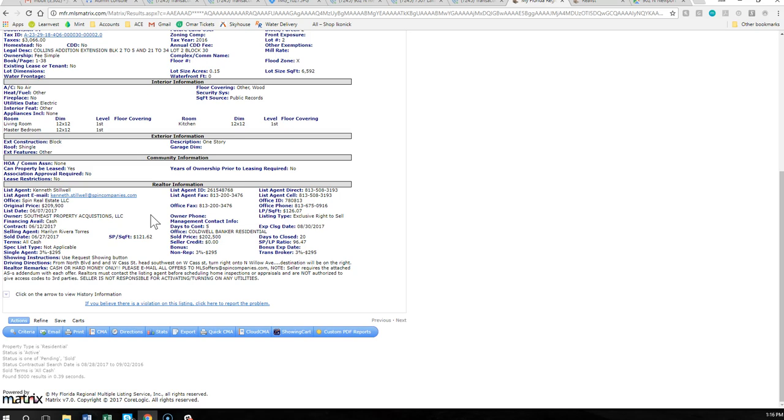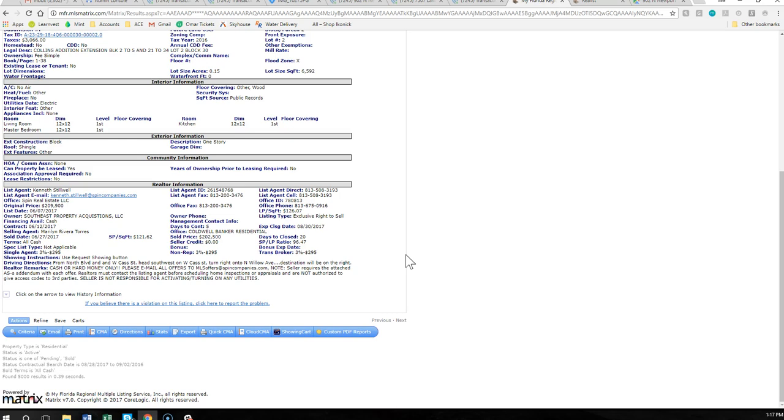Pretty simple. Now, whenever we're doing our MLS cash buyer search and looking at cash properties, we can call them buy and sell comps, or as is and ARV comps.